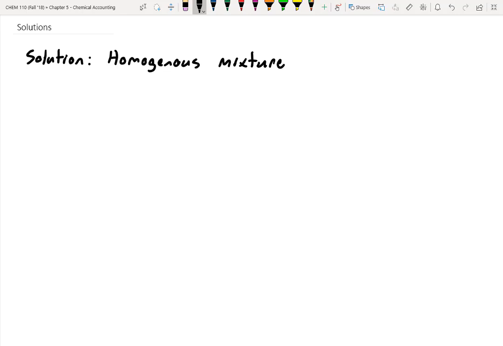It means evenly mixed, or the same throughout, right? Versus heterogeneous, which means it's different throughout, not mixed evenly. So it's a homogeneous mixture of two or more substances, one of which is a liquid.